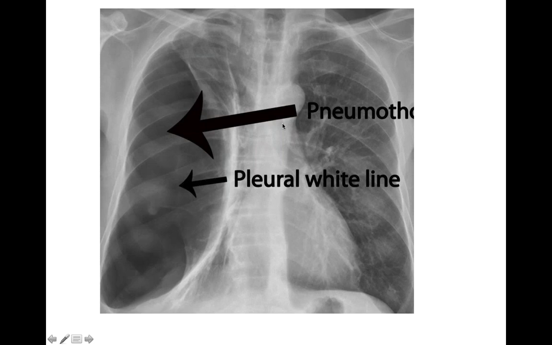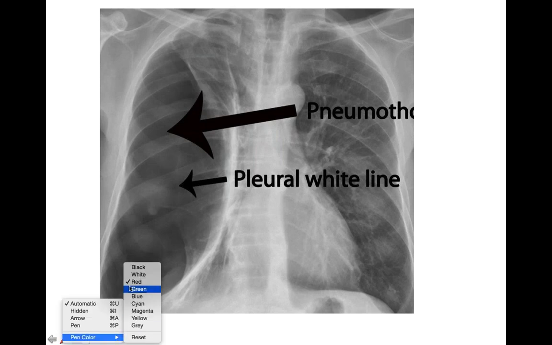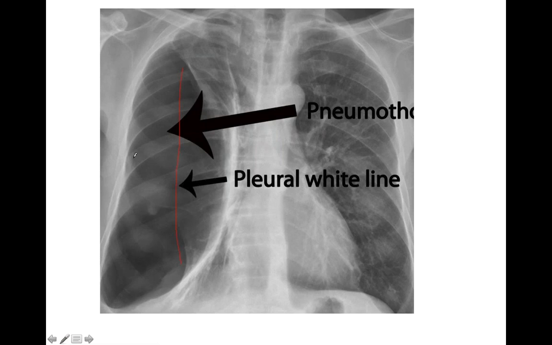And this is for pneumothorax. As I said, if there is presence of air, that will give rise to black tissue. So here we have pneumothorax. You can see this is a pleural line, and we have an excessive amount of blackish tissue. That's pneumothorax, presence of air in the pleural cavity.